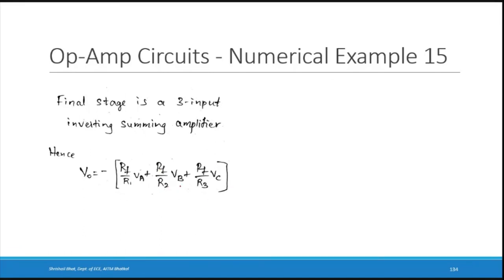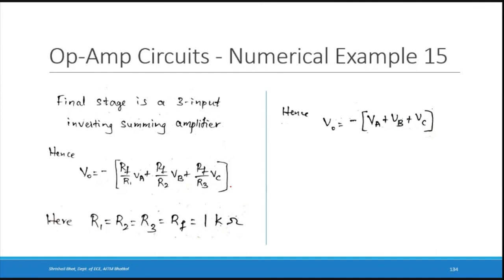Instead of V1, V2, V3, here we have VA, VB, VC. Since the values of R1, R2, R3, RF are all equal to 1K, they all get cancelled. So what remains is just minus of VA plus VB plus VC.